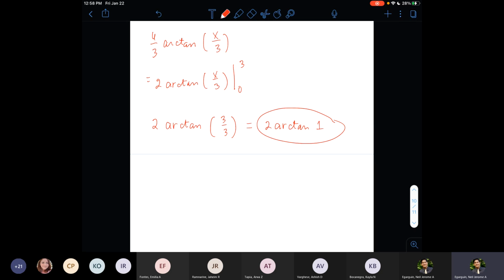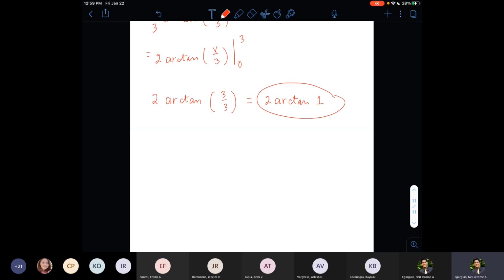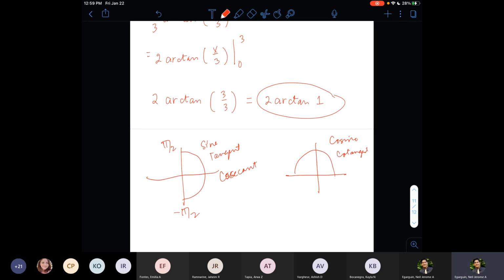Now the thing here is how to evaluate arctangent of 1. So arctangent is asking you what is the angle whose tangent is equal to 1. But remember that arctan is restricted from negative pi over 2 to pi over 2, right? So sine, tangent, and cosecant are restricted in this interval, while cosine, cotangent, and secant are restricted from 0 to pi.